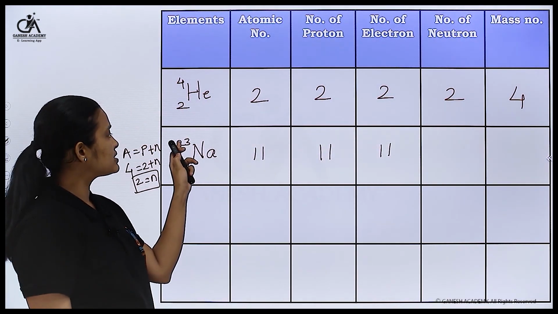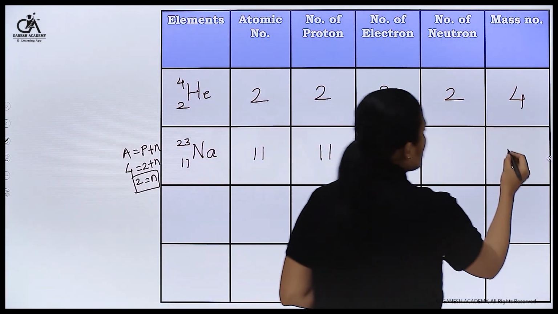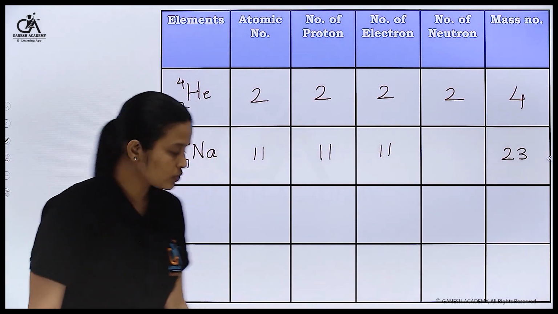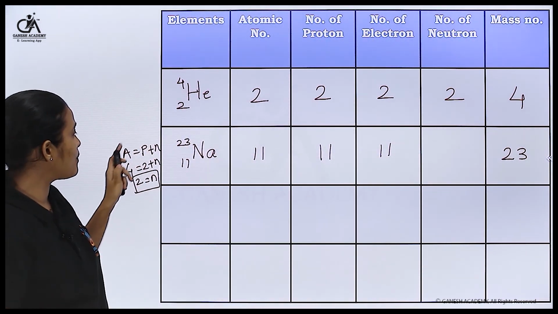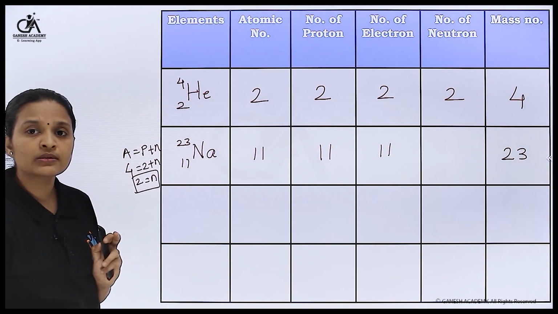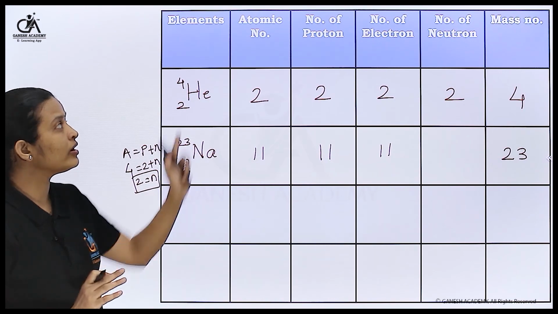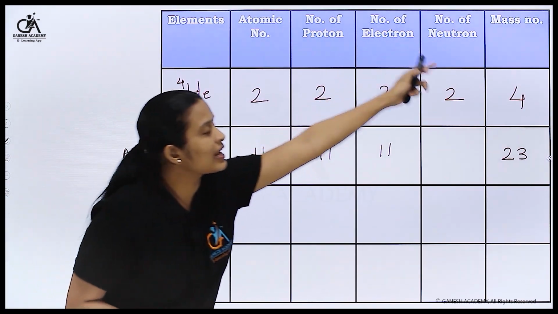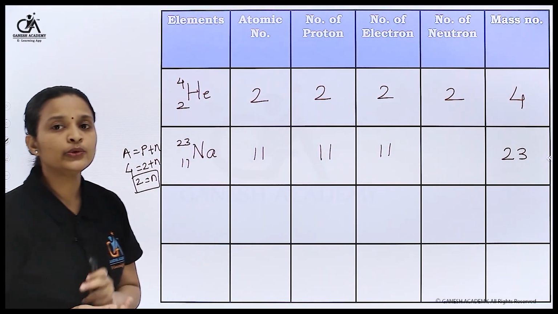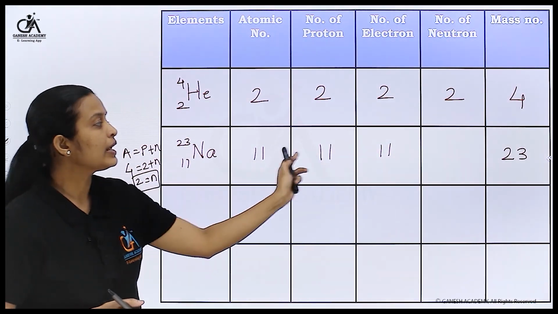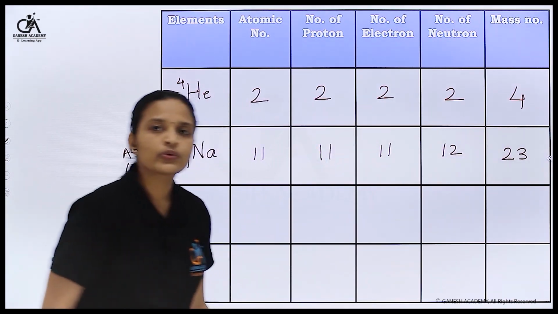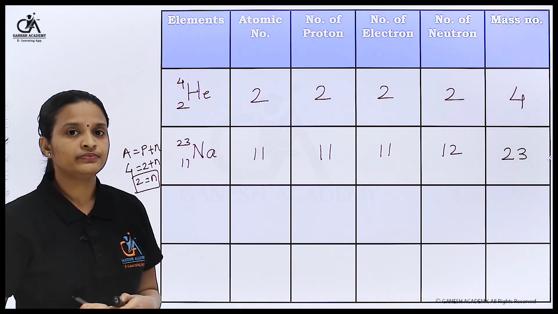The upper figure shows the mass number, which is 23. Again we use the formula: mass number is equal to the number of protons plus the number of neutrons. If you know the number of protons and the mass number, you can easily calculate the neutron number. So 23 minus 11 gives the number of neutrons, which is 12.